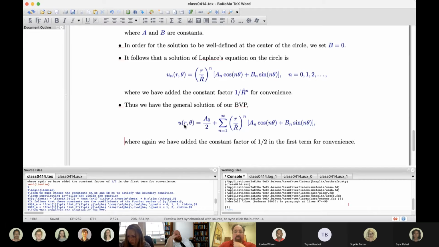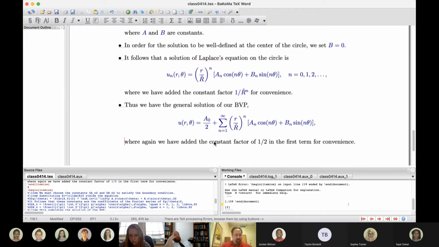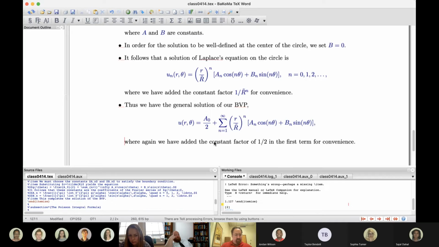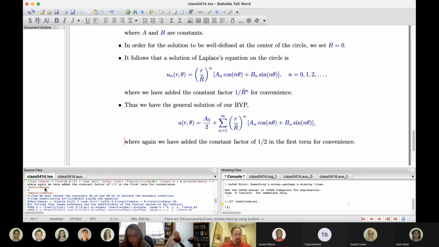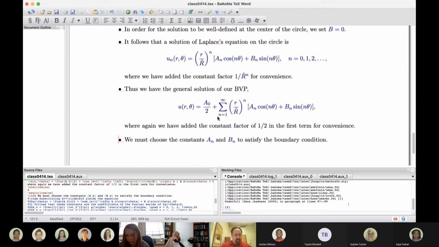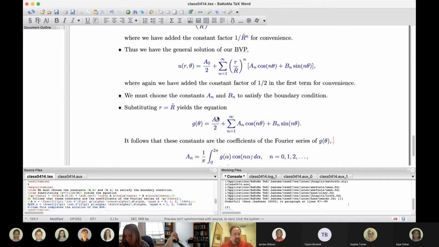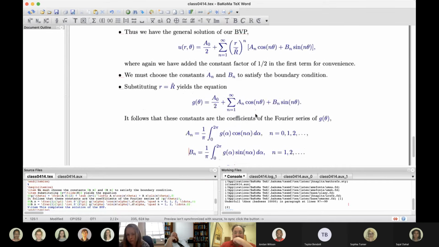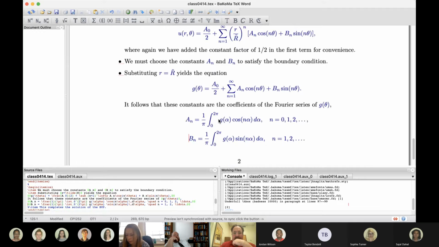The boundary condition is applied when little r is equal to capital R tilde. So we go ahead and make that substitution. And what we end up getting when we do that is these are the formulas for A_n and B_n.